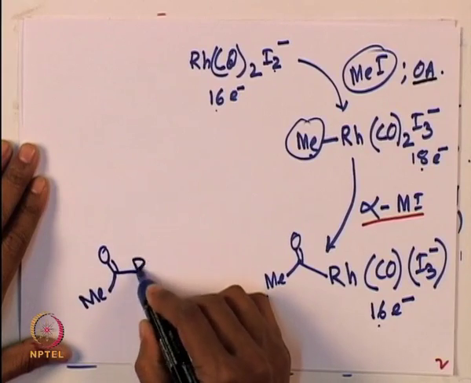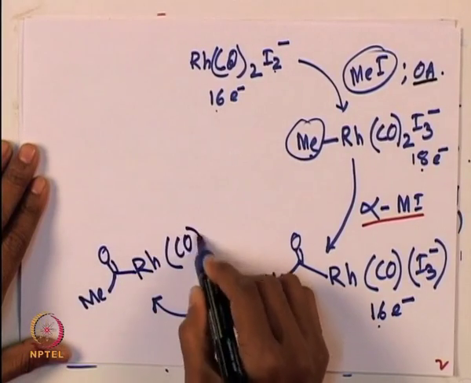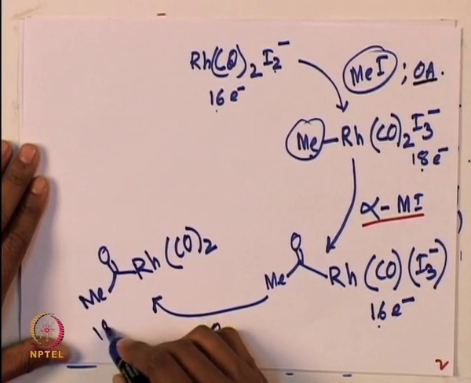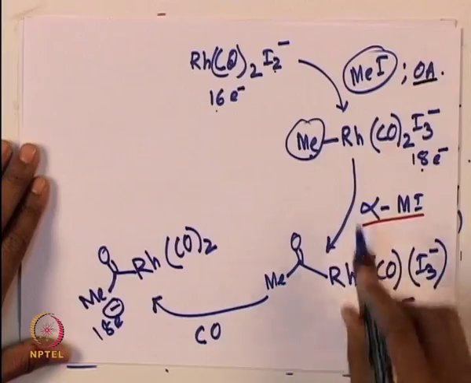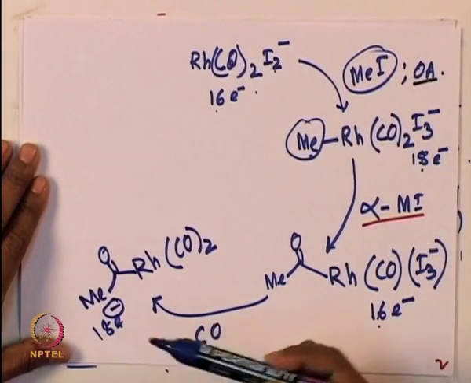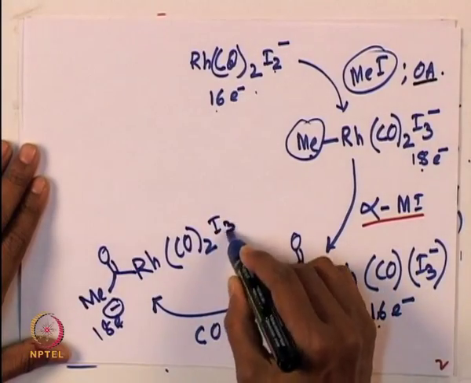Now one more carbon monoxide gets in, as you can imagine, and gives you the 18 electron species. So 16 to 18, 18 to 16, 16 back to 18 electron species, and you have of course I3 minus.